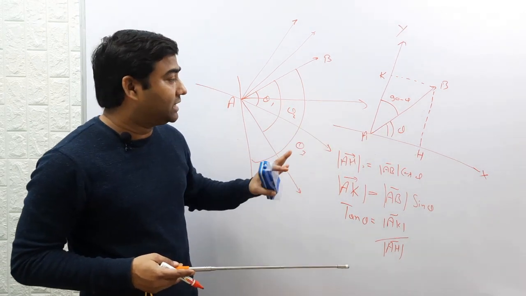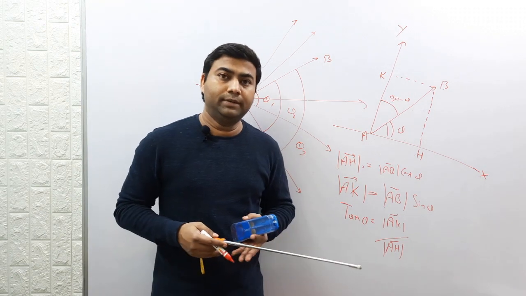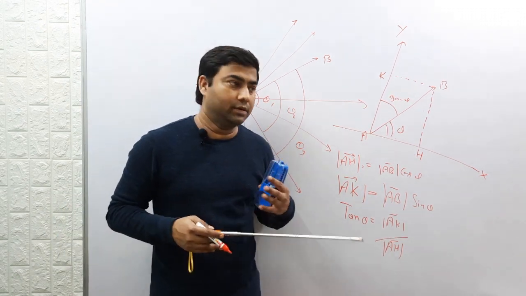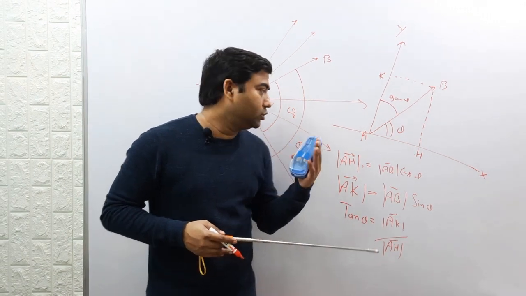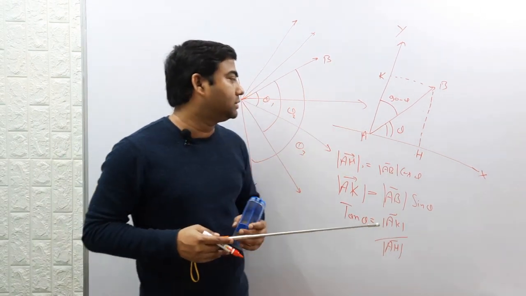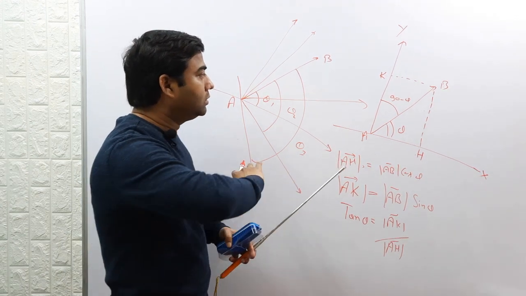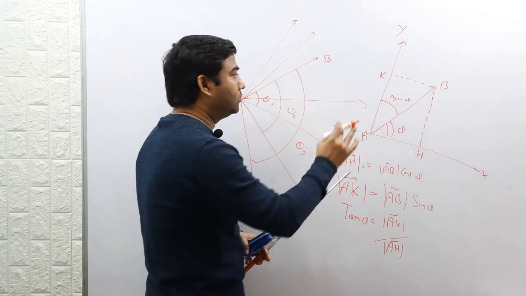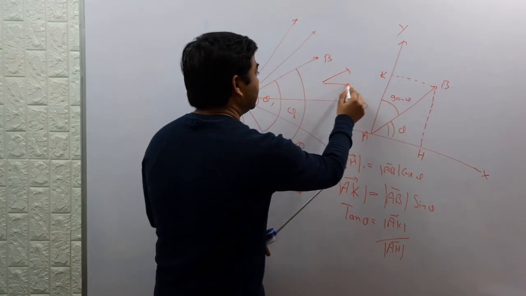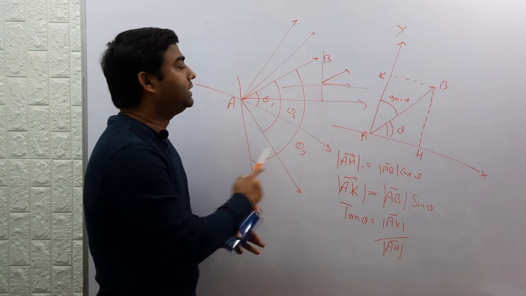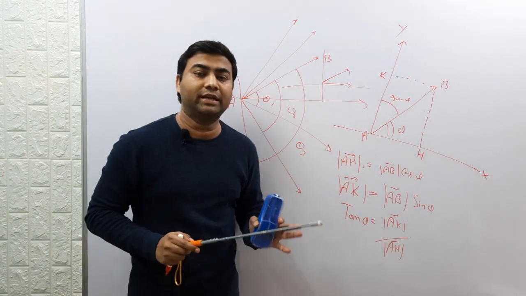So this method we use frequently in real problems, solving for physics. While solving the problems, you will see this method frequently, where we divide more than one vector into two given perpendicular directions, two common references.